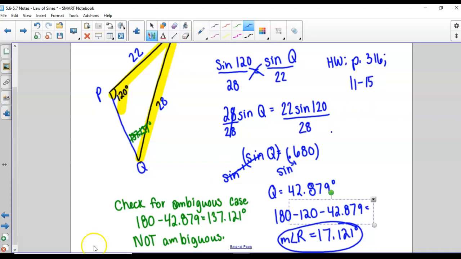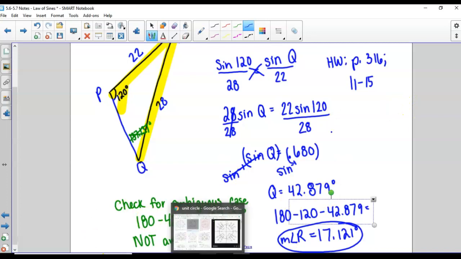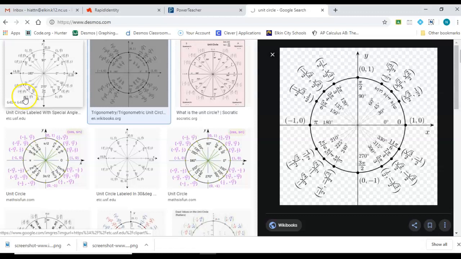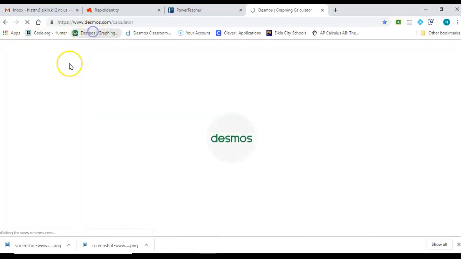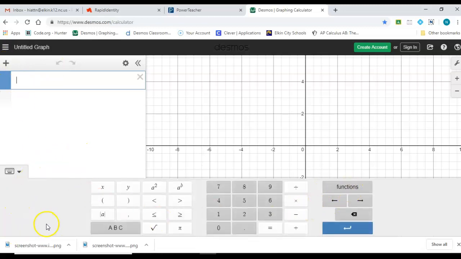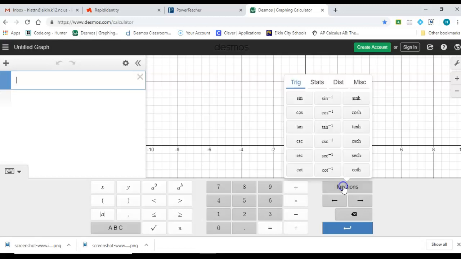If you do not have a graphing calculator at home, let me show you this real quick. On Desmos, pay attention to this. Do not come in here and tell me you couldn't finish it because you didn't have a calculator. If you go to functions, it's got sine inverse, cosine inverse, and tangent inverse there.